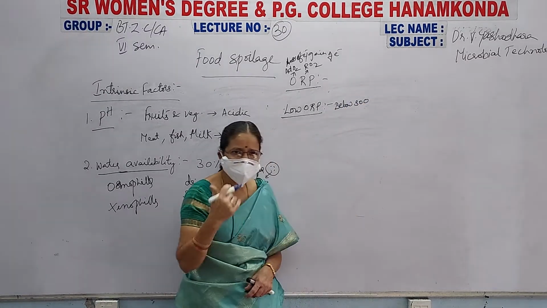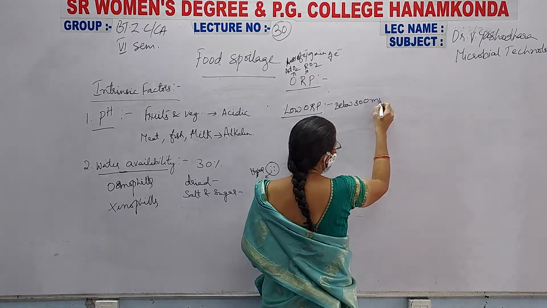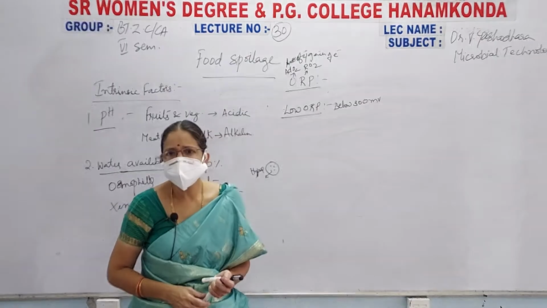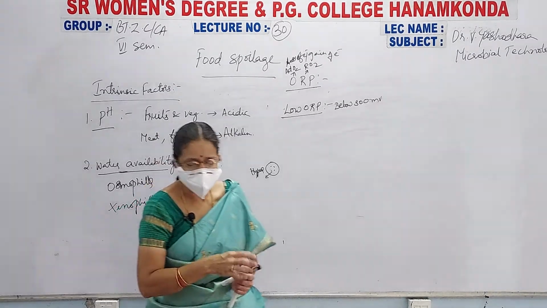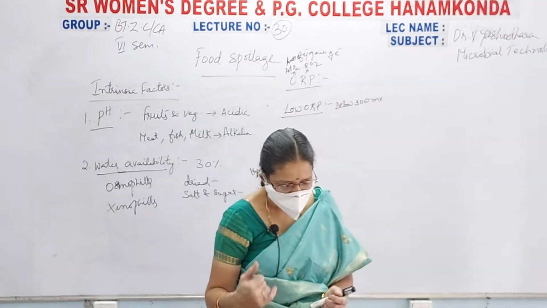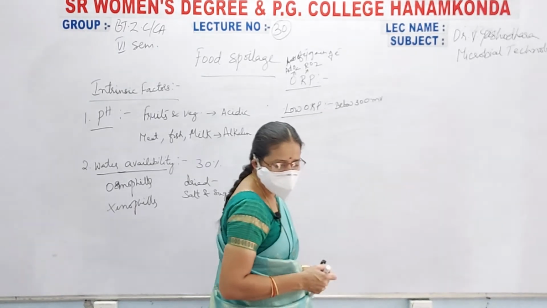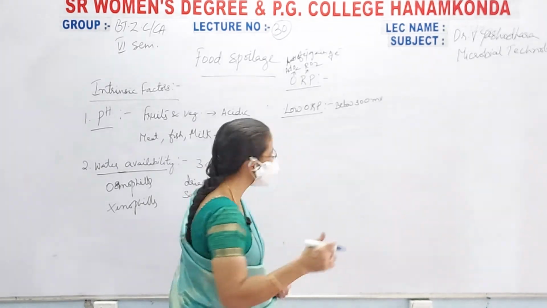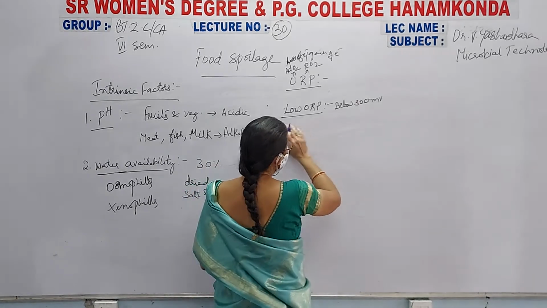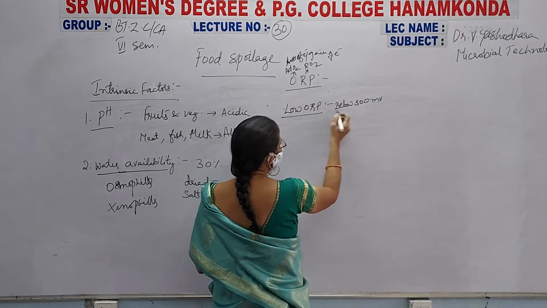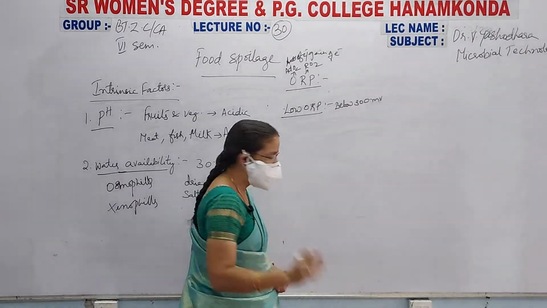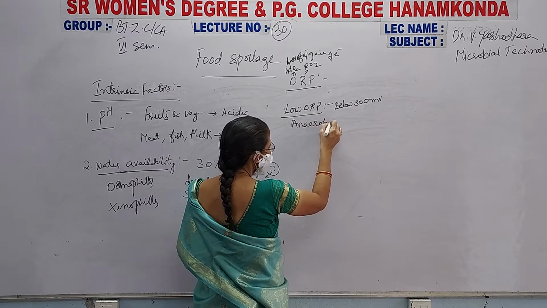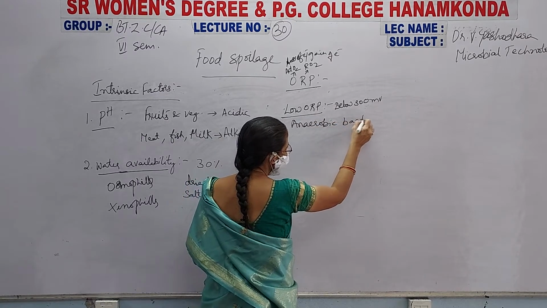When it is below 300 millivolts, the food won't get spoiled immediately. This low oxidation potential should be below 300 mV, and here anaerobic bacteria grow.